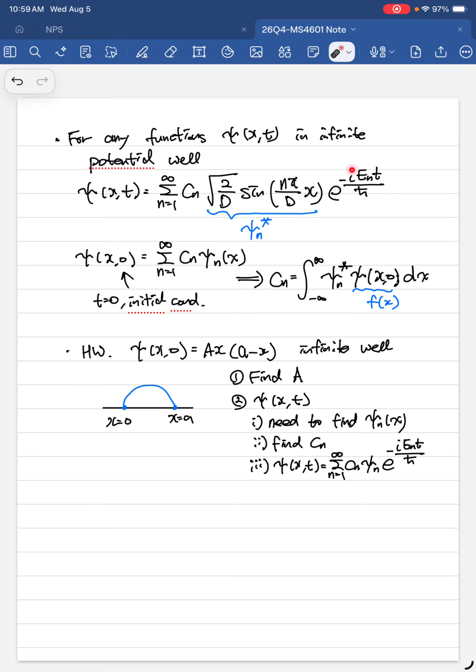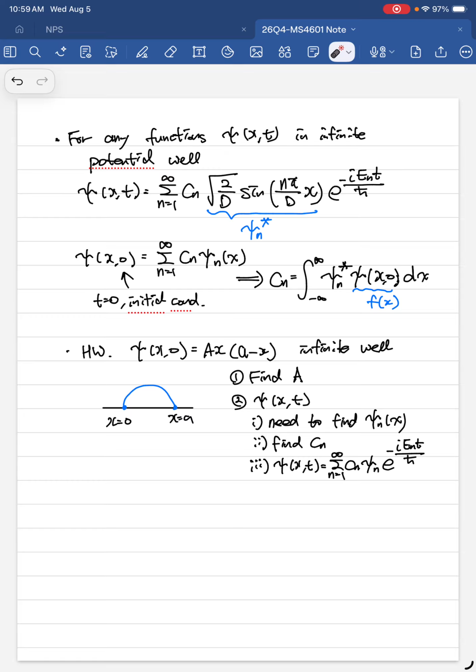Then this time-dependent term is 1, and we have the sum from n equals 1 to infinity of Cn psi n of x. And from here, you can find the Cn value. Cn is again the integral from negative infinity to infinity of psi n star, the complex conjugate, times psi of x comma 0, because this is essentially any arbitrary function, right? So that is essentially f of x.